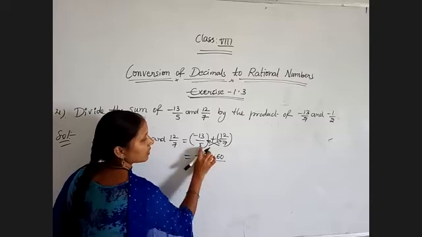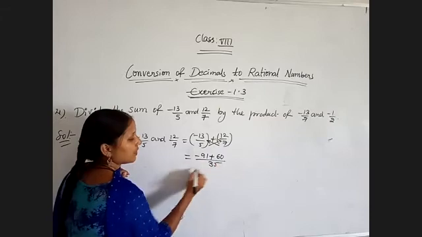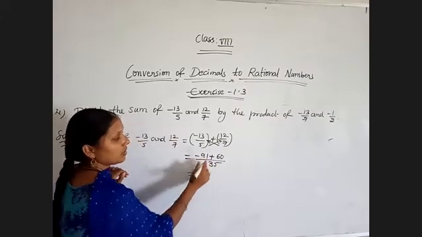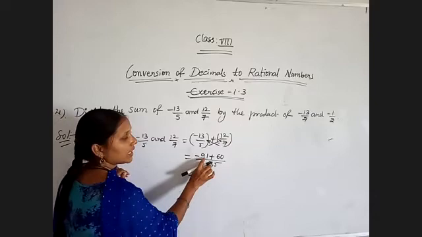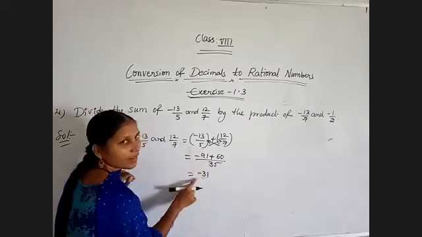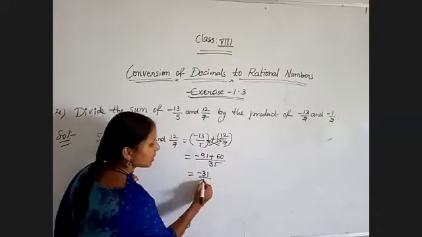But multiply these, 5 sevens are 35, which is equal to 91 minus 60. And because 91 is having a minus sign, bigger number, so minus 31 by 35.